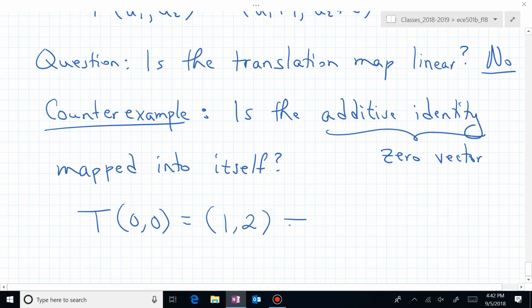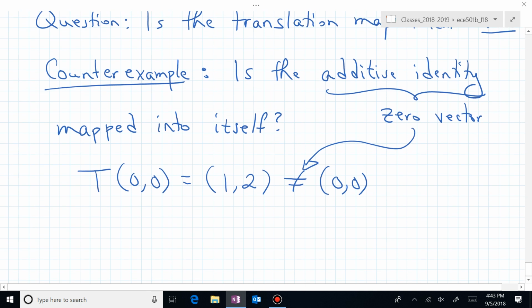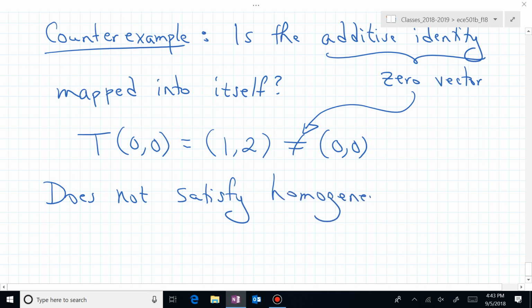No. So it doesn't satisfy homogeneity, does it? You could pick a vector, scale it by 0, and it's not going to be true here. So this counterexample allows us to see that this map does not satisfy homogeneity.